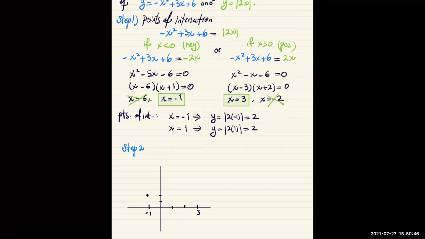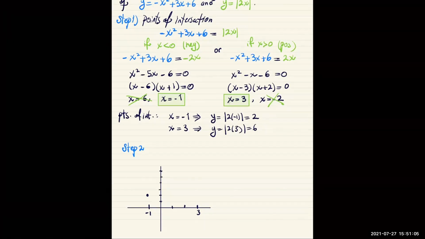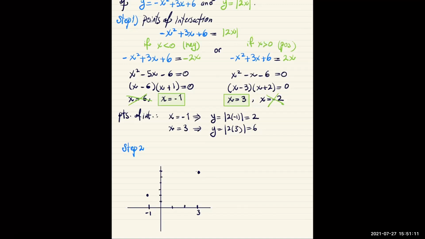I meant to plug in 3. When x is equal to 3, y is the absolute value of 2 times 3, which is equal to 6. So 3, 6. Is all the way up here. Obviously, we do not have any symmetries going on.